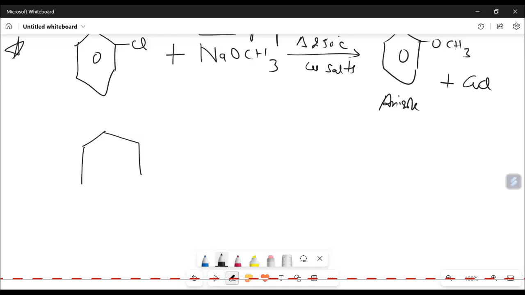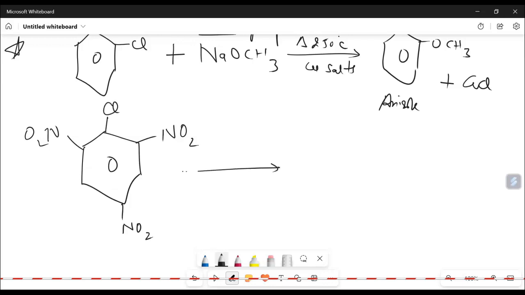Let's discuss the other reaction also. Suppose same reaction. We have nitro groups here, NO2, NO2, NO2, and here it is Cl. The reaction will be in the presence of C2H5OH ethanol at temperature 75 degrees Celsius, 2 atm. What it will form?